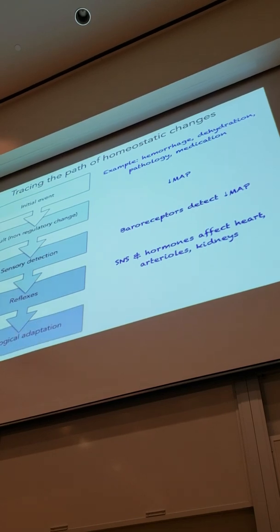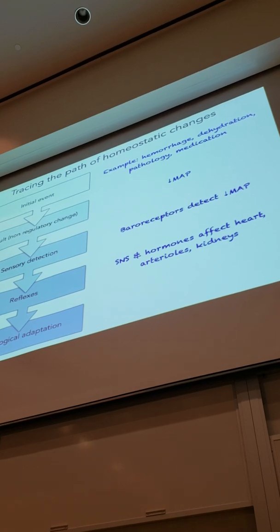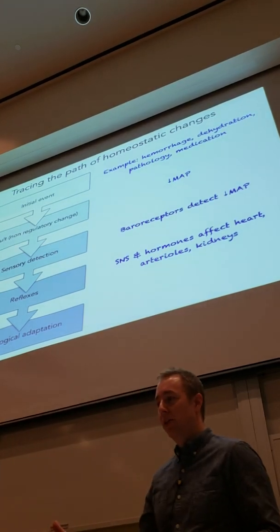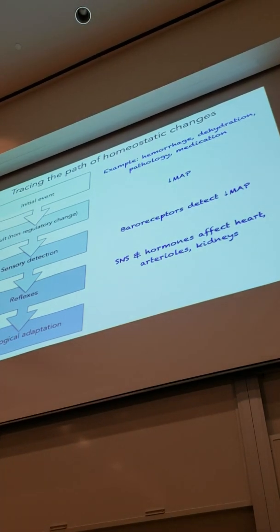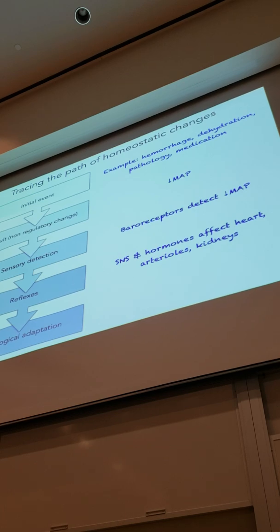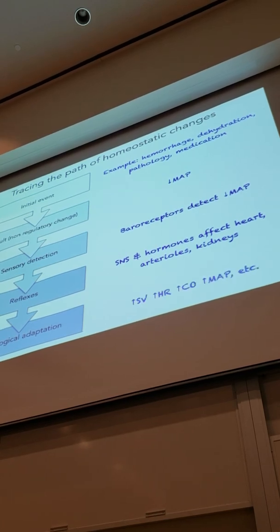And then we have the adaptation, right? So we want to respond to the mean arterial pressure. We're going to do that by detecting the low pressure with baroreceptors. We're going to have some reflexes involved in the nervous system. And then we'll have our adaptation, which would be the things that we can do to correct the problem.